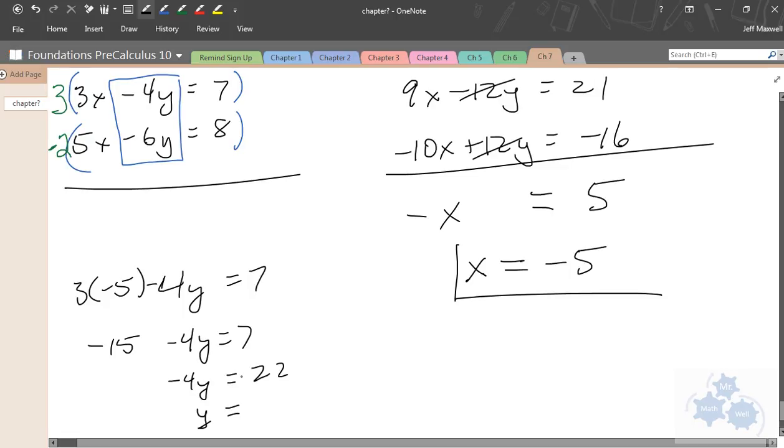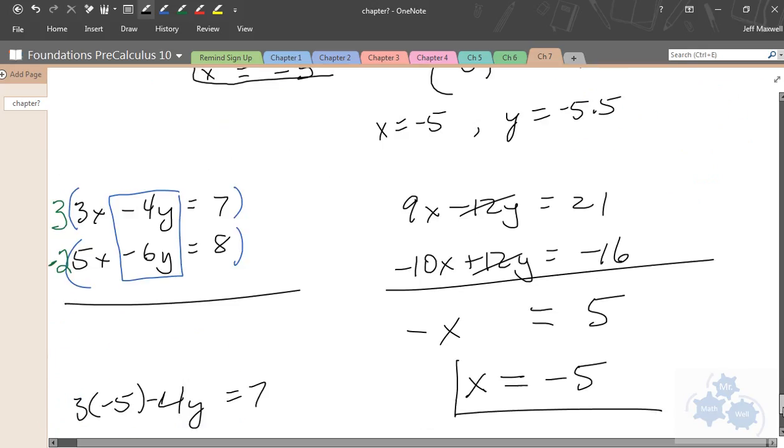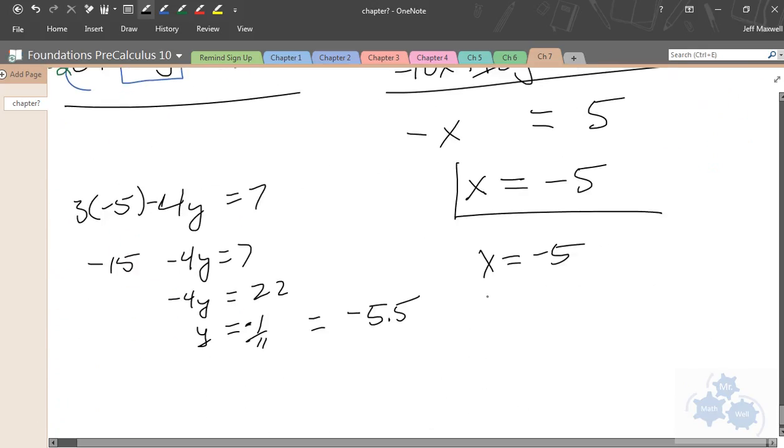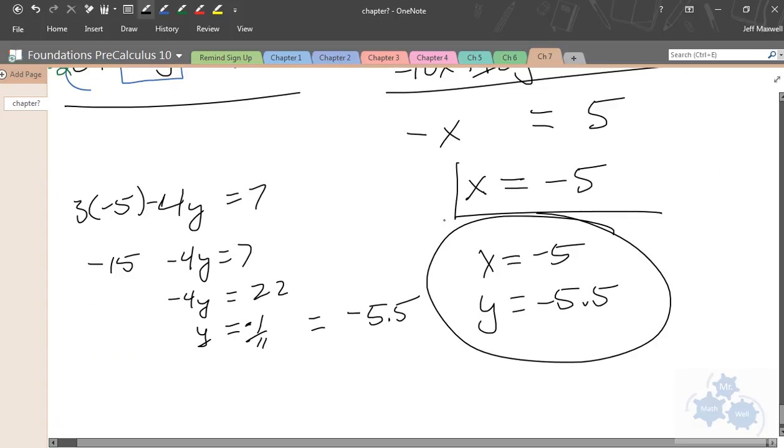Y equals negative 11 over 2, or negative 5.5. If you look at these answers, negative 5 and negative 5.5, they are the same.